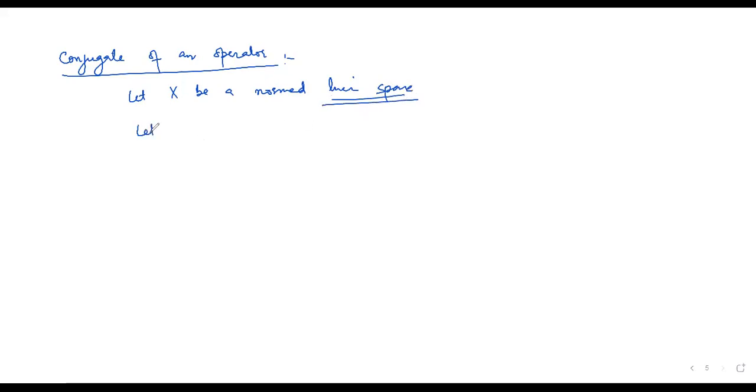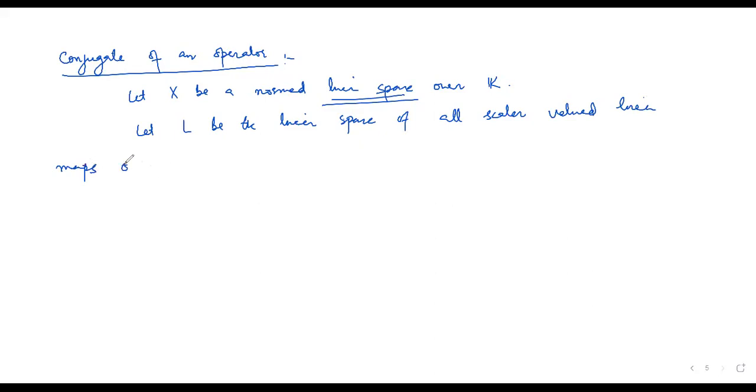So let L be the linear space over the field K of all scalar valued linear maps on X. By that I mean L is basically जिसको हम कहते हैं Hom(X,K), all linear transformations from X to K. I'm thinking of X just as a linear space.